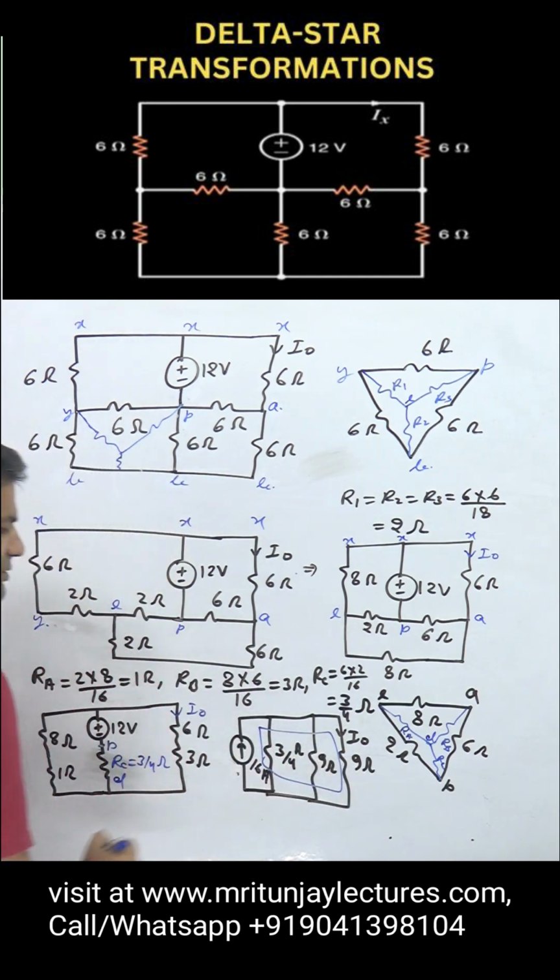So combination of these two, 3 by 4 into 9 divided by 3 by 4 plus 9.